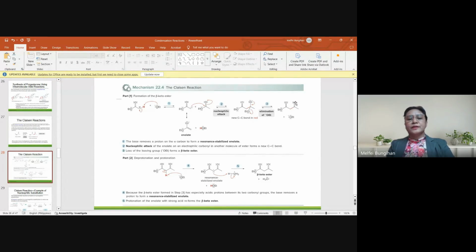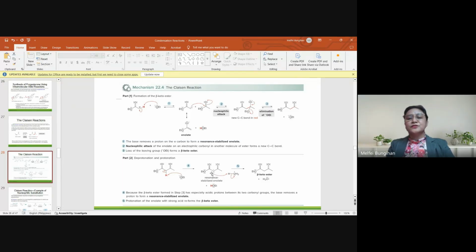Okay, now part 2, the second part after this beta keto ester is deprotonation and protonation. So deprotonation, you know that your dicarbonyls, the methylene carbon is very active. So this proton here is easily abstracted by a base, and so it forms a new resonance stabilized enolate.